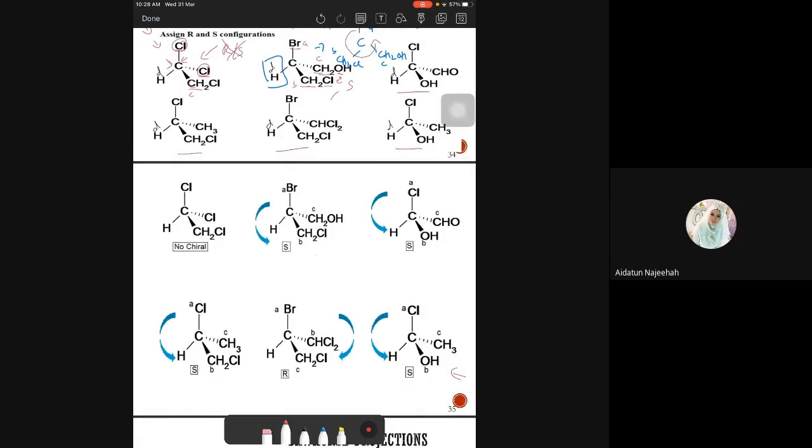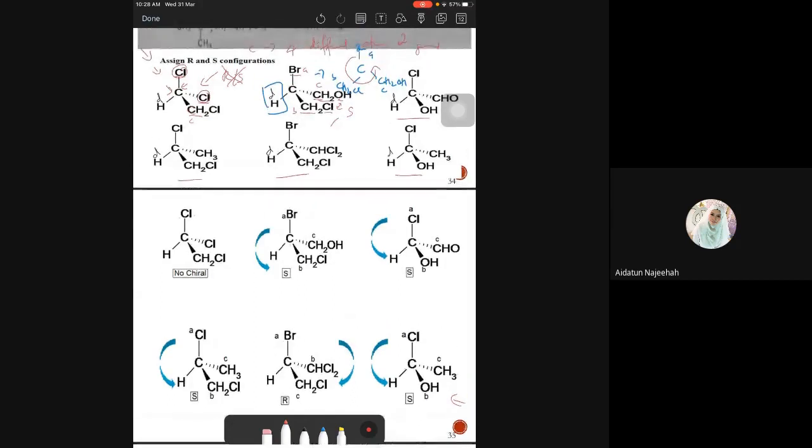If you have done this numerous times, eventually you don't need to convert into this kind of structure anymore. You can try to see whether, based on this structure alone, you can visualize the A, B, and C, because this is pointing in front towards you, and this is C. This dotted wedge is pointing away from you, and you always try to put your eyes from this side.